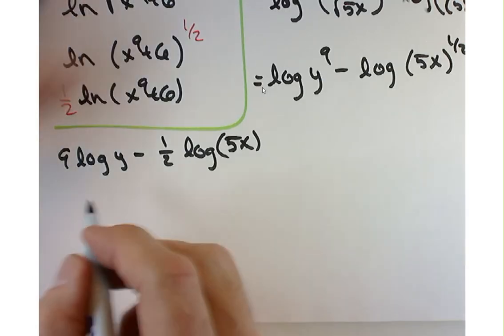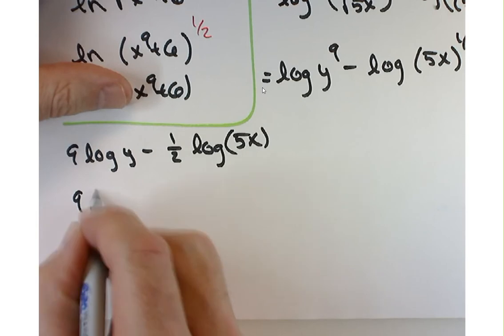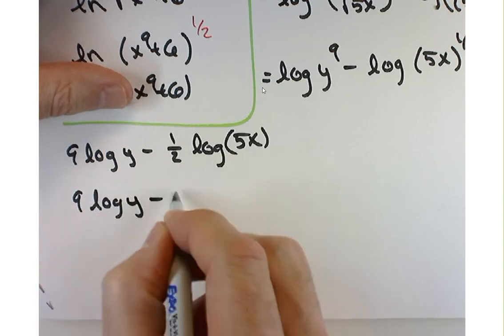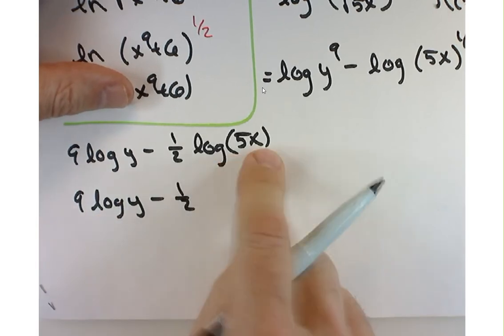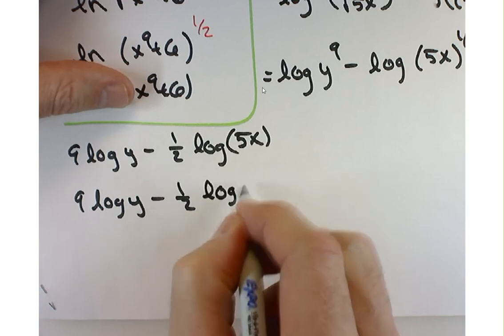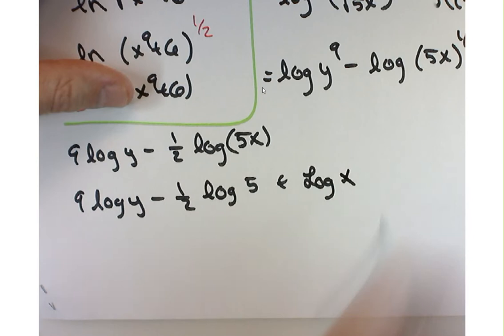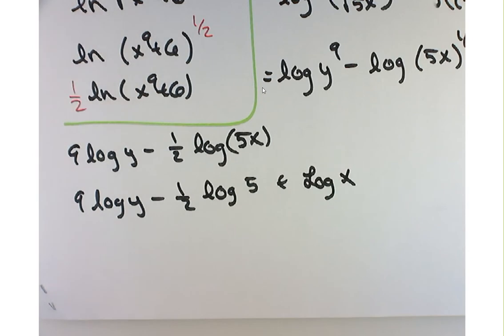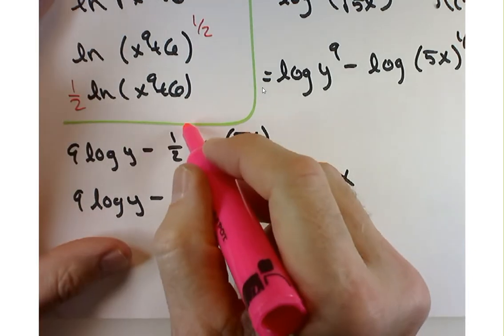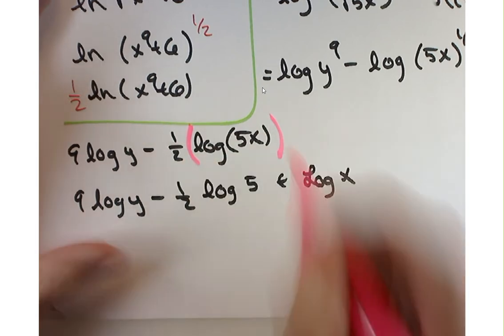And let me write the next line here and see if you can spot the mistake, because it's so easy to make. Right here, I'm going to use the product rule. So that's log of 5 plus log of x. Not distributing the exponent. Supposed to be the 1/2 before the x. Yeah, a couple of you getting that, that's really good. So let me put this inside of parentheses like this.